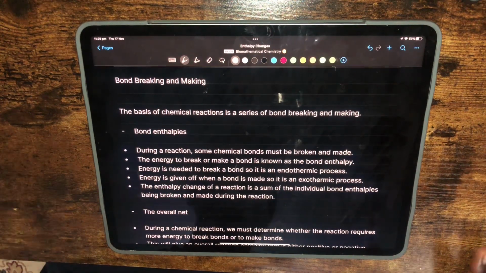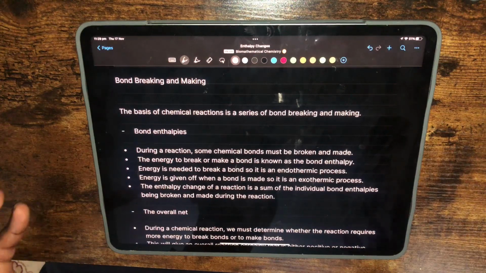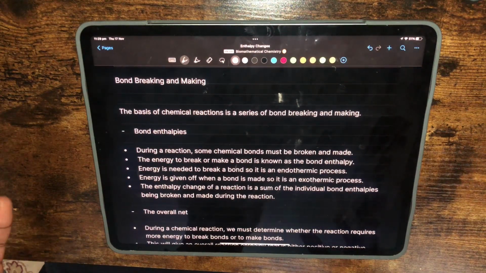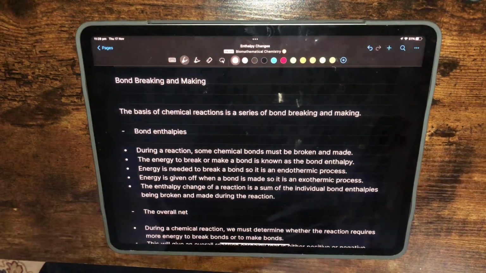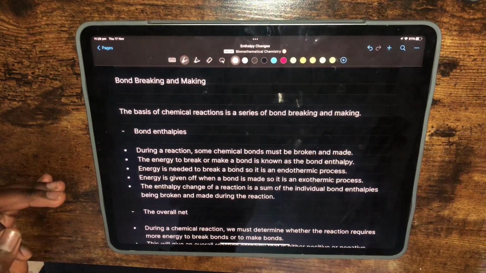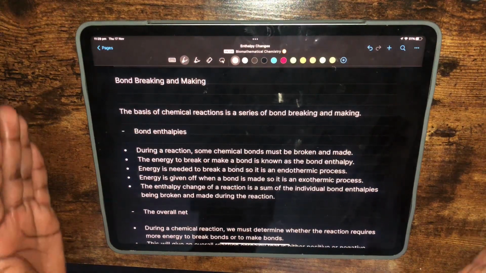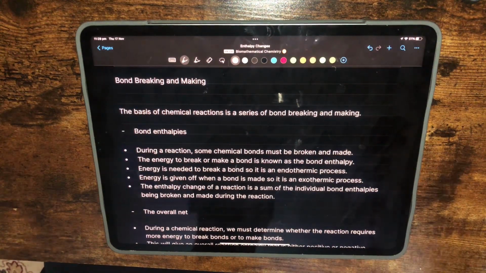It's not just entirely endothermic, it's not just entirely exothermic, it'll be some of both, and what you need to understand is how to make sure that you get the overall. If I'm gaining plus 2 joules but I release minus 1 joule, overall I have a plus 1. The enthalpy change will be plus 1, therefore it's an endothermic reaction. That's just basic maths, you understand the principle here.